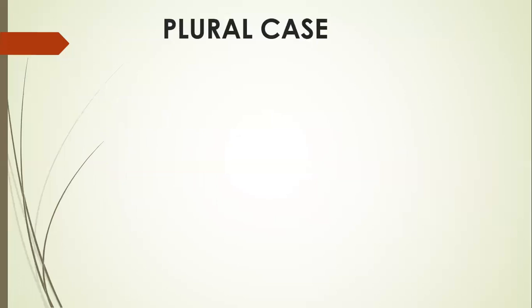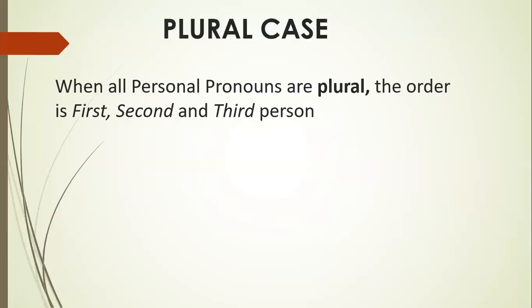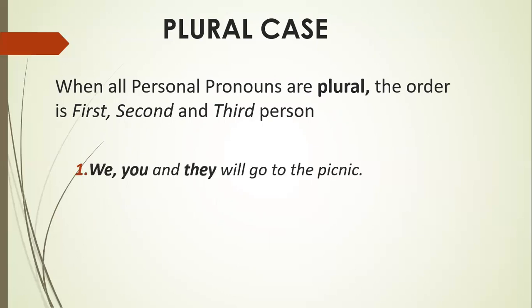All right, when you have the plural case, when all personal pronouns are plural, the order is first, second, and third person. We, you, and they will go to the picnic. So in the plural case, first person comes first, second person second, and third person third.